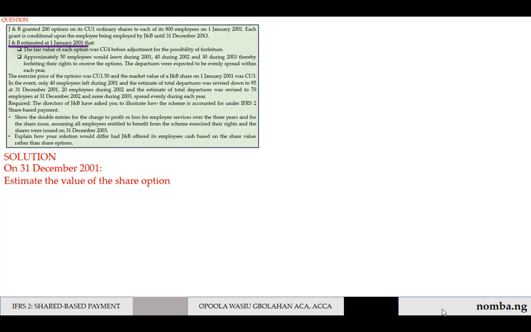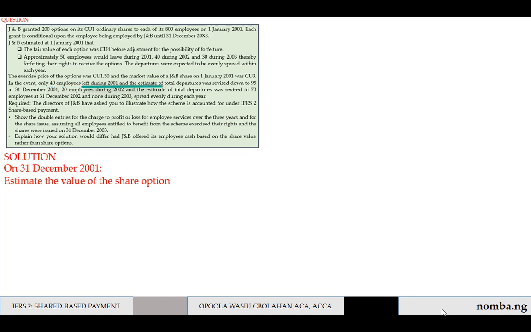Firstly, J and B made an estimate at 1st January 2001. There, they gave us an estimate of the fair value, which is 4 currency units, which is the fair value of the option. And they also gave us estimates of employees that would leave. Now, however, we are told that in the event, what actually happened is that during 2001, 40 employees actually left.